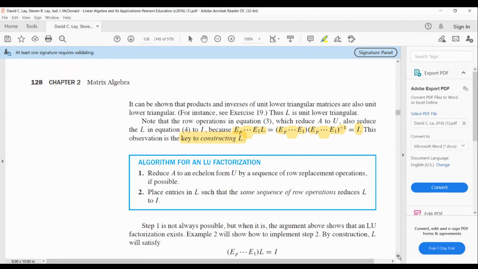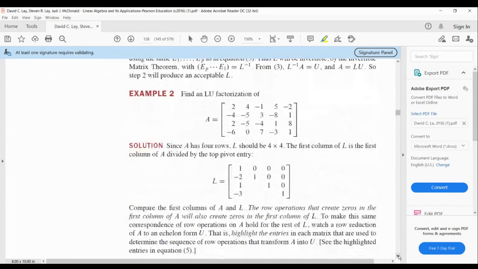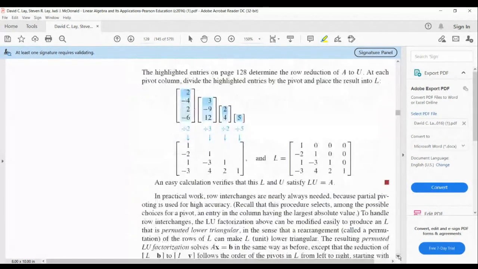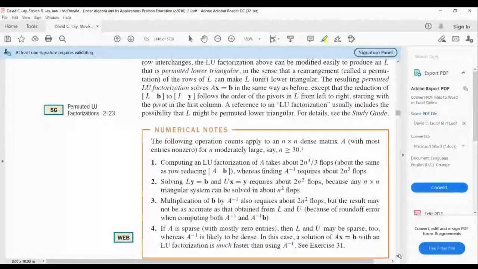More on this algorithm. If we keep going to the end here, it talks about how an LU factorization of a matrix A takes about 2n cubed over 3 flops, whereas finding an inverse takes about 2n cubed flops.